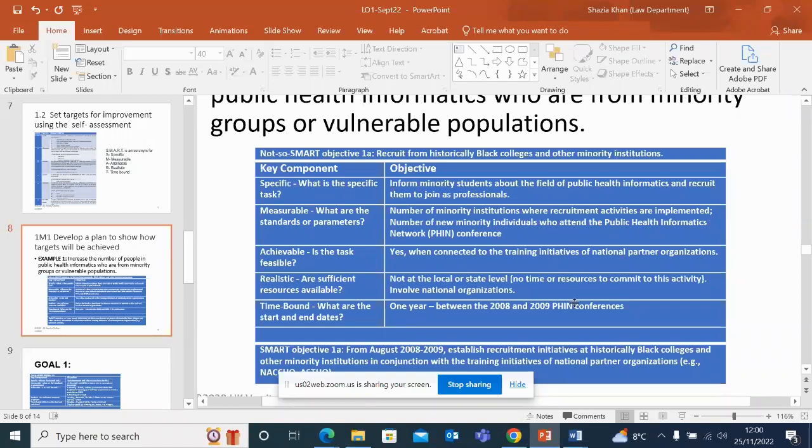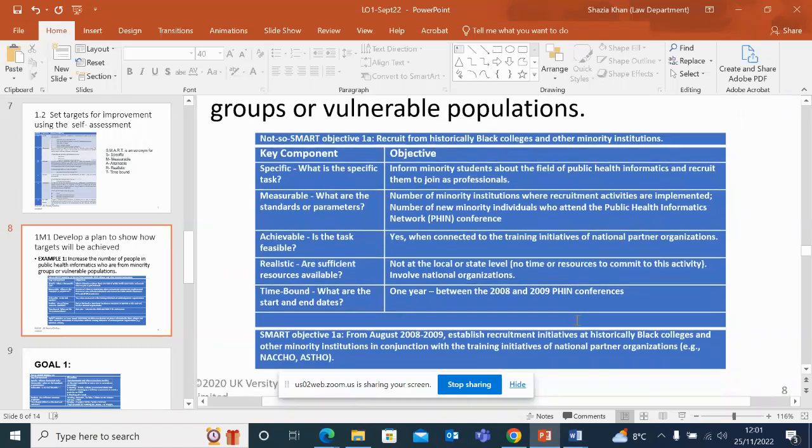Not at the local or state level. Involve national organizations. And the time bound here, so what are the start and end dates? So 1 year between 2008 and 2009 of the PHIN conferences. So the SMART objective from August 2008 to 2009, you established recruitment initiatives at historically Black colleges and other minority institutions in conjunction with training initiatives of national partner organizations.